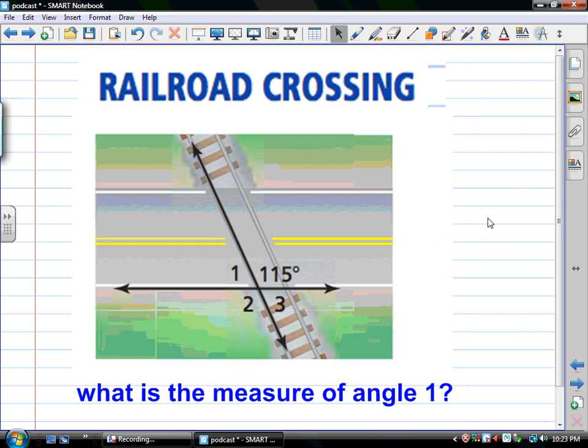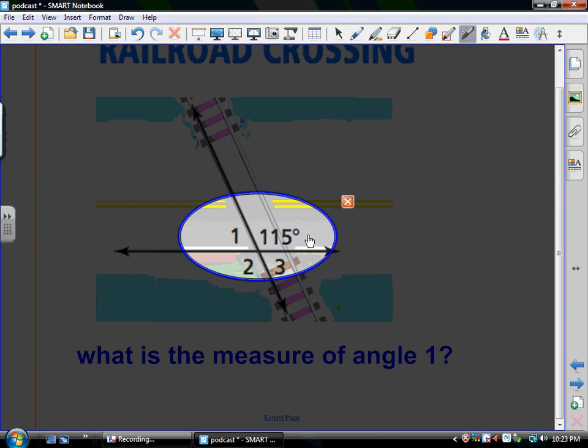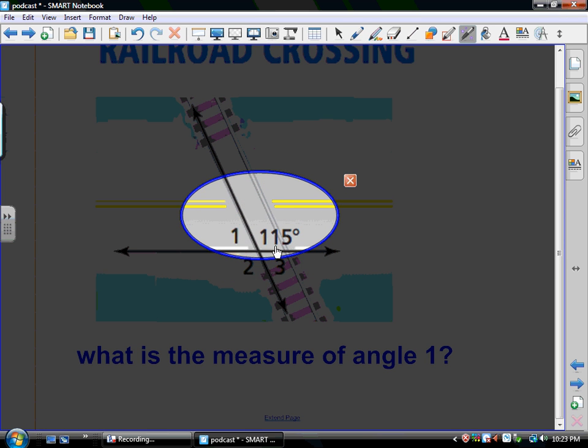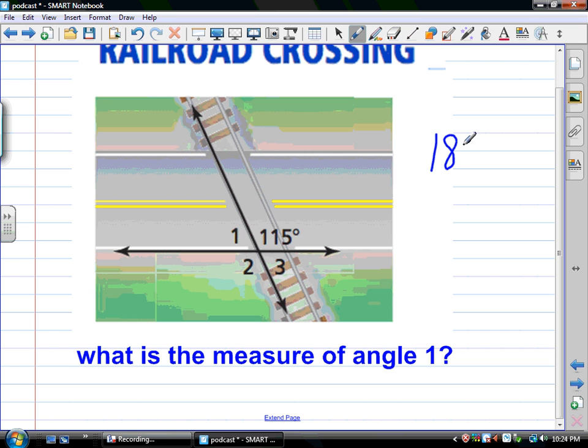What is the measure of angle 1? I'm thinking straight line, straight angle. Straight line, straight angle is 180 degrees. I'm thinking these are supplementary angles. Supplementary angles add up to 180. Easiest way, I need to get to 180.